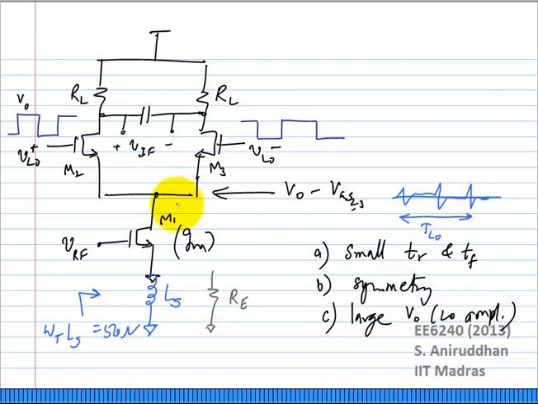The amplitude will be such that when M2 is on, the full bias current completely goes to M2. When does that happen? That will happen when the differential input becomes equal to a value pertaining to the current I naught, or something equivalent.